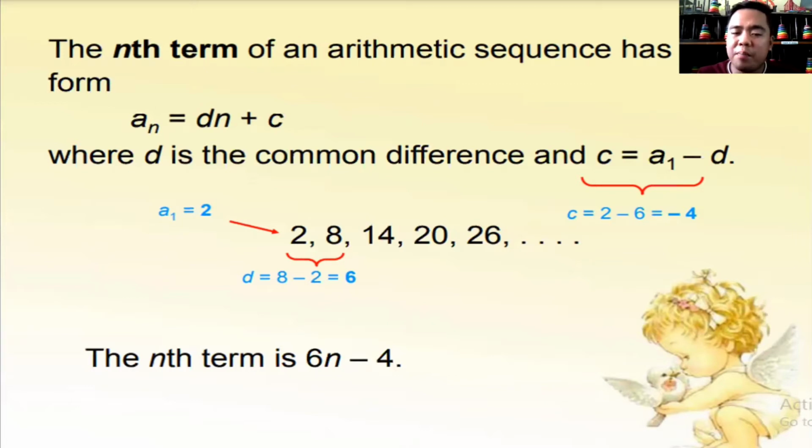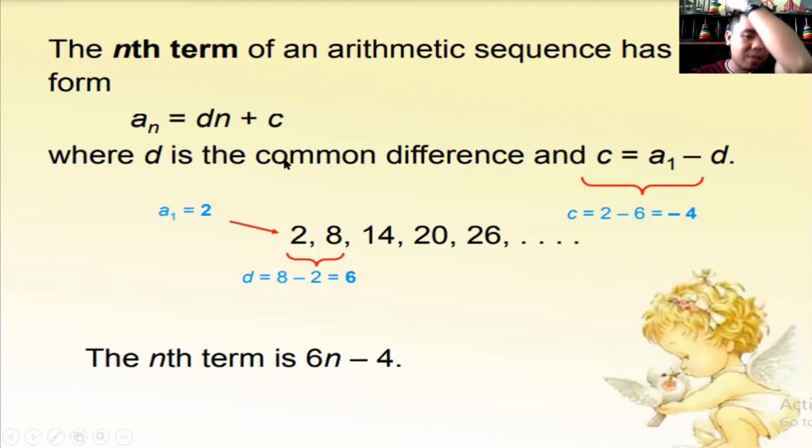So, for example, 2, 8, 14, 20, and 26. Let's make a formula that represents that pattern. So first, a sub n is equal to dn plus c. That is the formula.